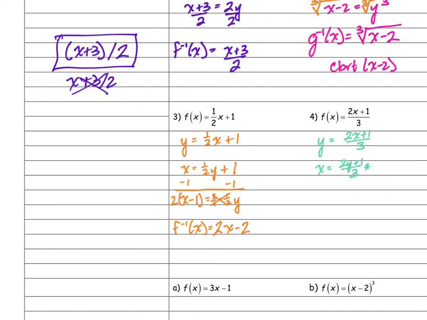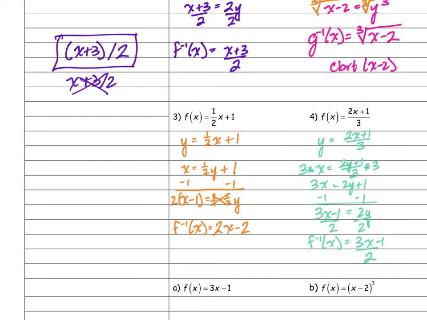So I'm going to multiply by 3 and multiply by 3. So I get 3x equals 2y plus 1. And then I just subtract 1, so 3x minus 1 equals 2y. Divide by 2. So I get, it's an f function, f inverse of x is going to equal 3x minus 1, divided by 2. Okay.